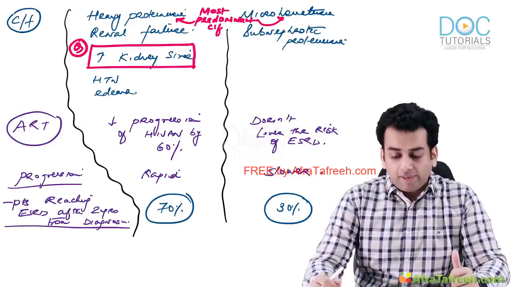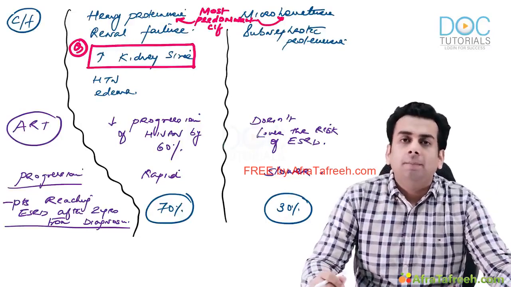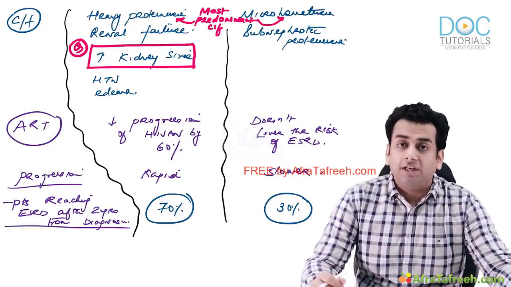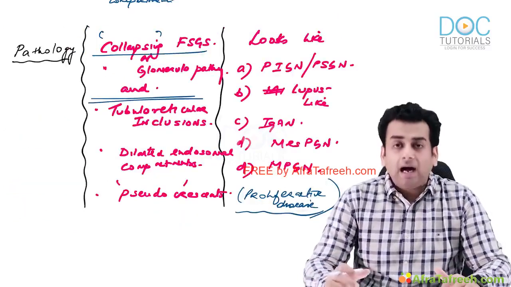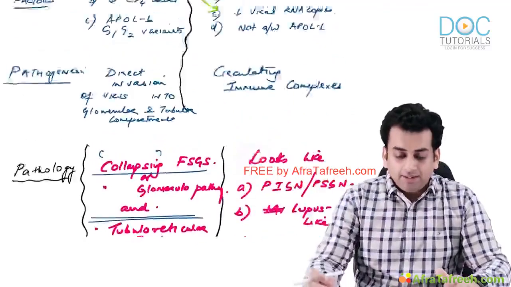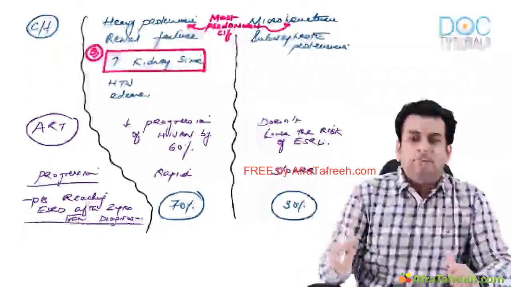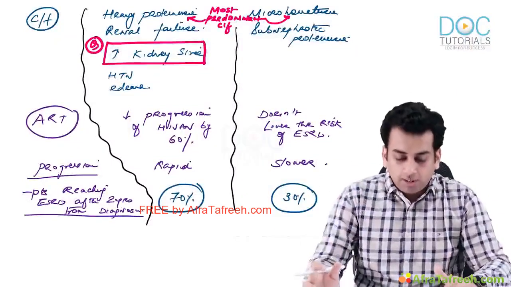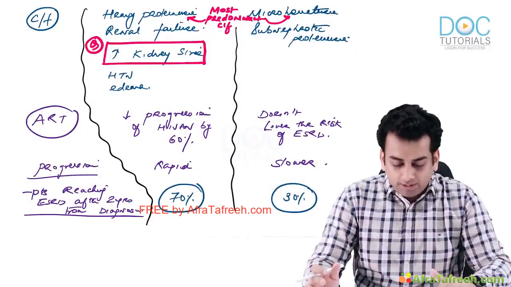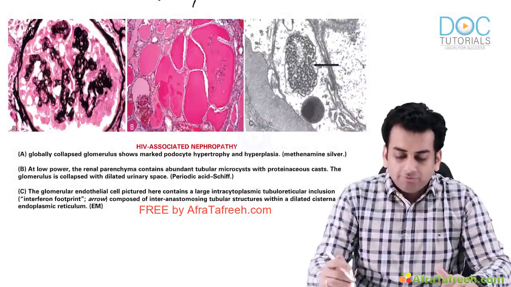So antiretroviral therapy is a very, very important tool by which we can retard the progression of HIVAN. So I hope you have understood how HIVAN and HIVIC are different from each other, starting from the ethnicity, the clinical features, the treatment, and the prognosis. How are they different? Now coming to the pathology of HIVAN.